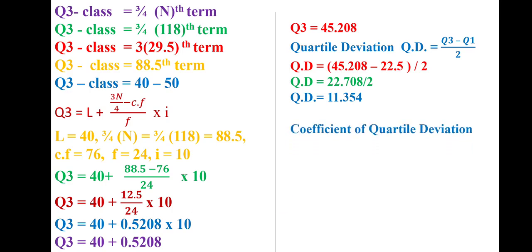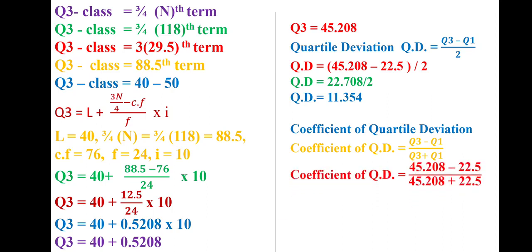Now coefficient of quartile deviation, the formula is Q3 minus Q1 divided by Q3 plus Q1. So simplify that. 45.208 minus 22.5 divided by 45.208 plus 22.5. Then simplify 22.708 divided by 67.708.